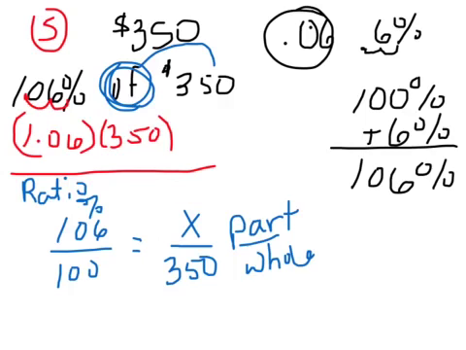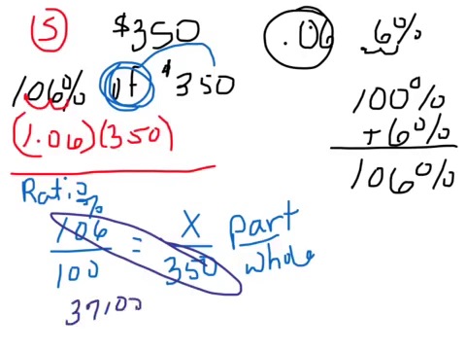Okay, so now if I want to solve this, all I got to do is cross multiply. And so you would have 350 times 106. When you solve these proportions by cross multiplying, and again, proportions are not going to go away. You're going to use them for lots of things, so you might as well get comfortable with them now. Now when I cross multiply that, I get 37,100.